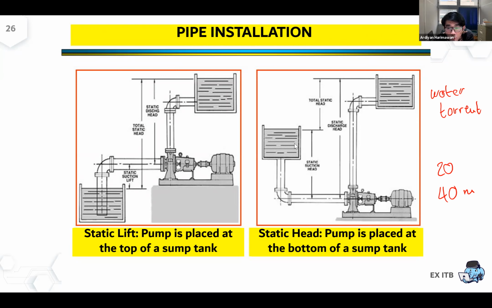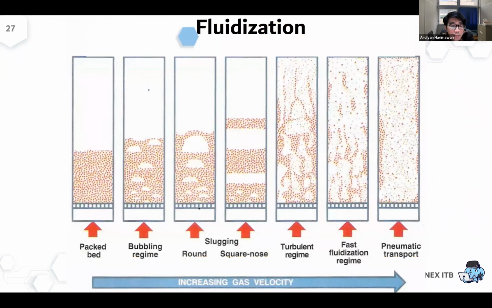Or if you have a water torrent on the 2nd or 3rd floor, or in a hotel with 30-40 stories, then you need a pump to deliver the water, so the velocity will be okay. Any question about pump installation? Later we will discuss the pump and pump installation in a later subtopic.